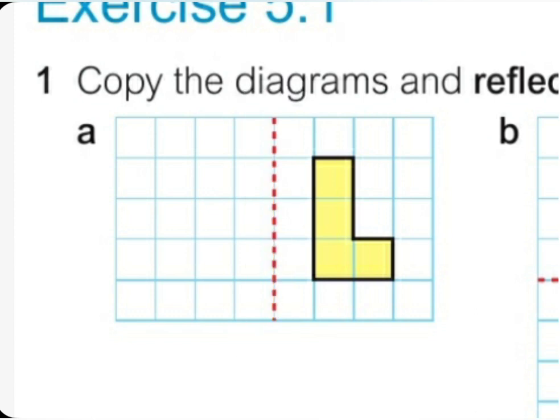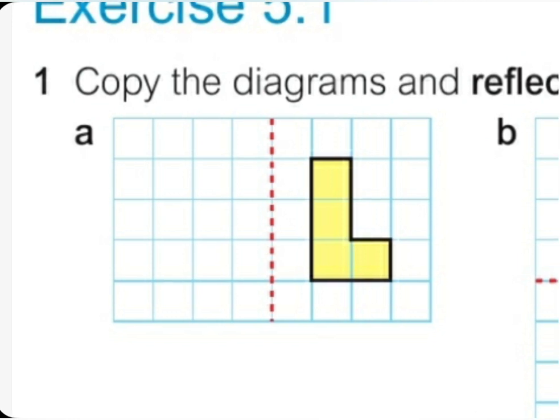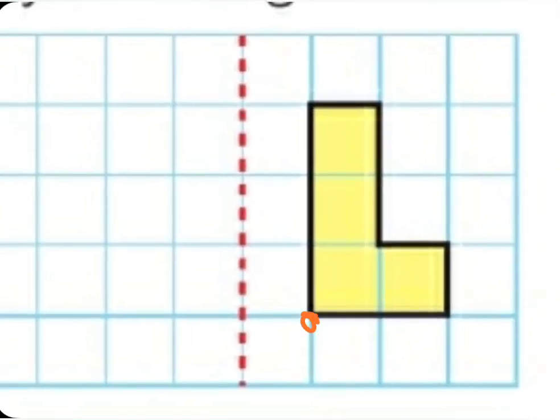Now, as the key point said, we have points here on the shape. This is a point, this is a point, another one, another one, another one, and another one. So we have 6 points on this shape. We're gonna measure the distance between the points and the mirror line.